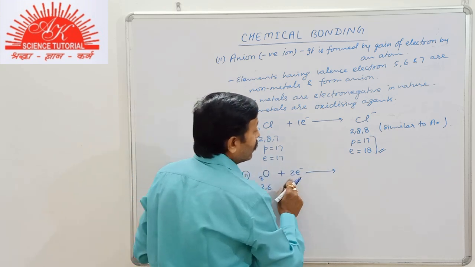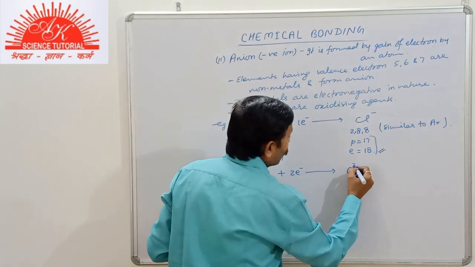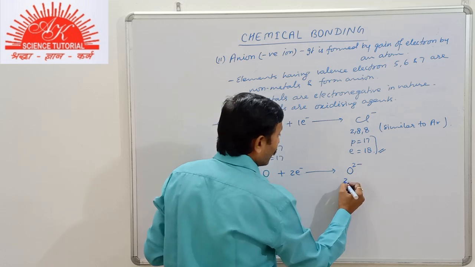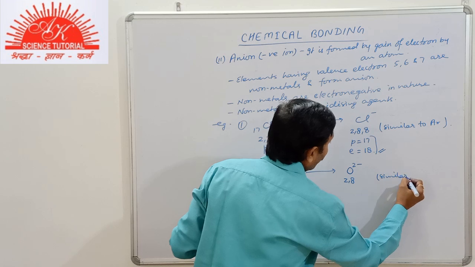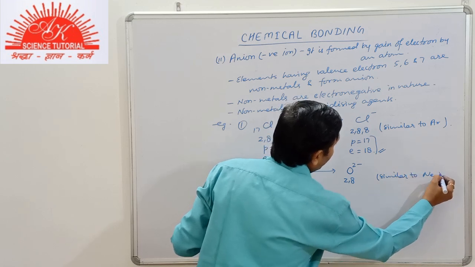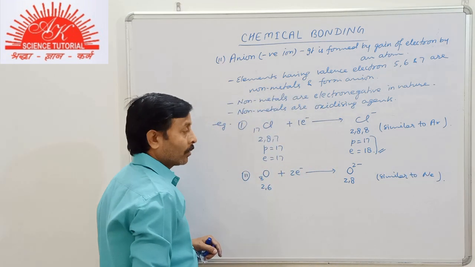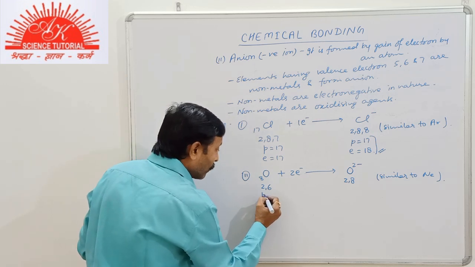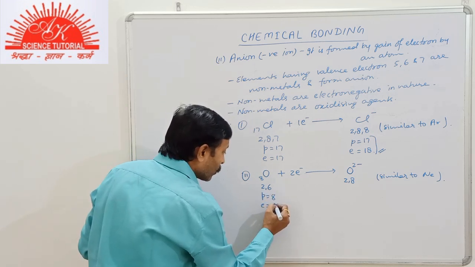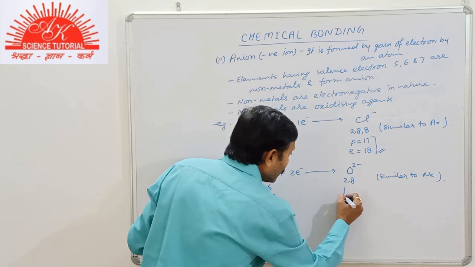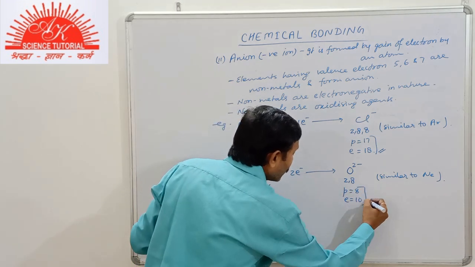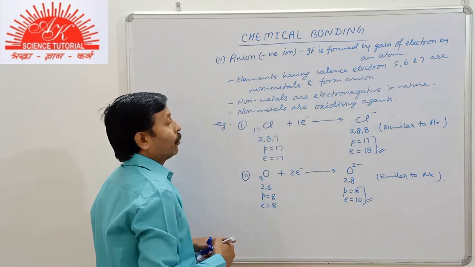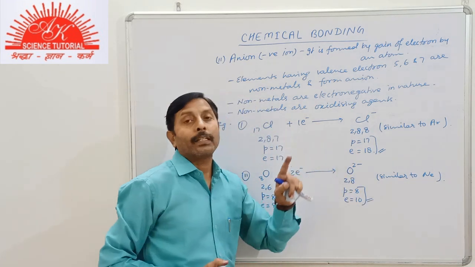It gains 2 electrons and acquires O2 minus, having configuration 2, 8, similar to the nearest inert gas neon. In this part you see proton 8, electron 8, but on this side proton is 8 but electron is 10. So there are 2 extra electrons which impart 2 units of negative charge.